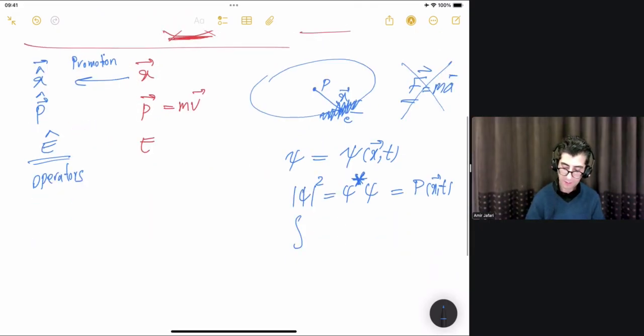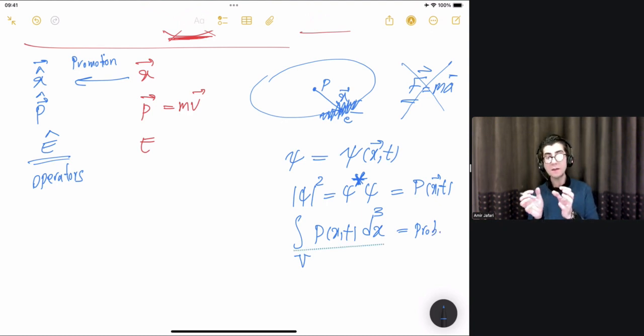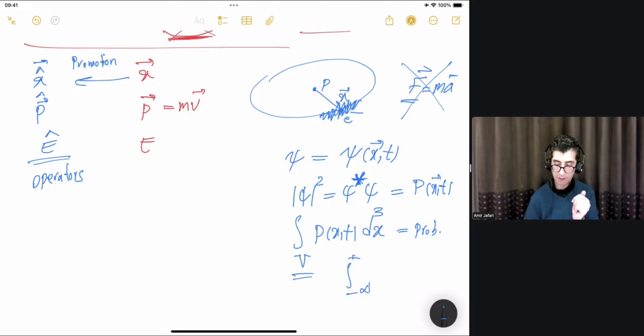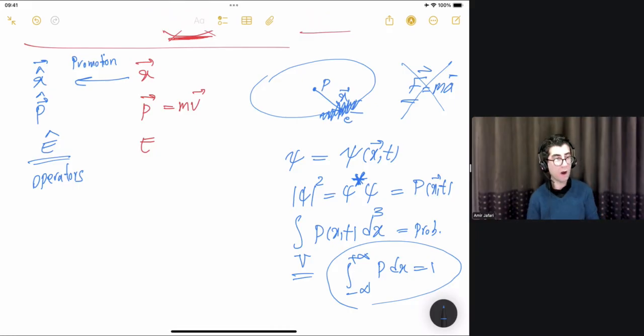If you integrate this over some volume in space, this is the probability of finding that particle in that volume. And if you integrate from minus infinity to infinity, looking everywhere in space, you should get unity, because the particle is somewhere. You should be able to find it if you look everywhere.